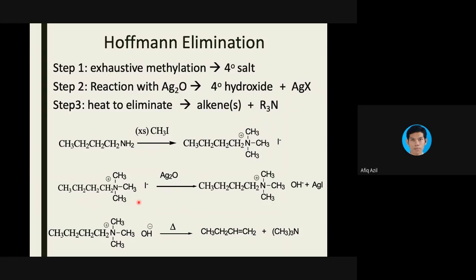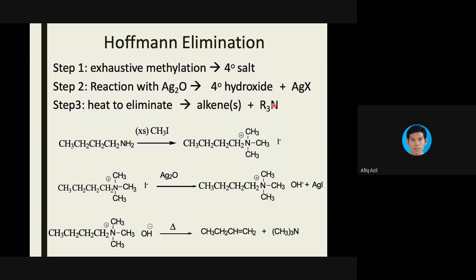And then the last step is heat to eliminate. Okay, what does it eliminate? So it will form an alkene as product, and also what is this? A tertiary amine. Okay, you are going to end up with tertiary amine.